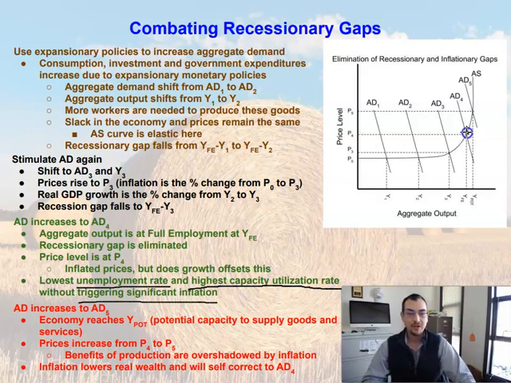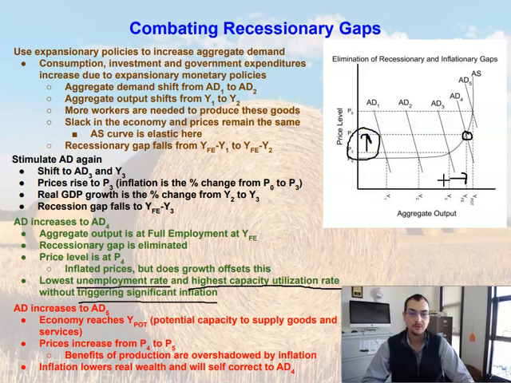Whenever we are at full employment, we have the most amount of people working. We are producing at the right amount, and we do have some inflated prices, but it's not triggering significant inflation. Matter of fact, the growth in our real GDP is overshadowing our price changes at this particular point.